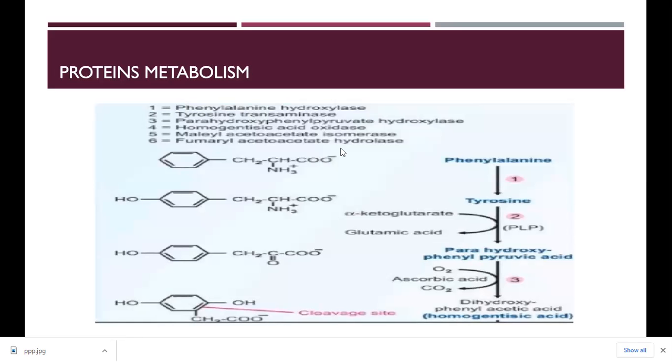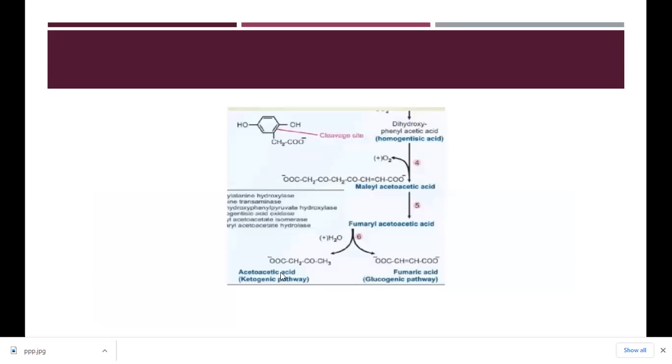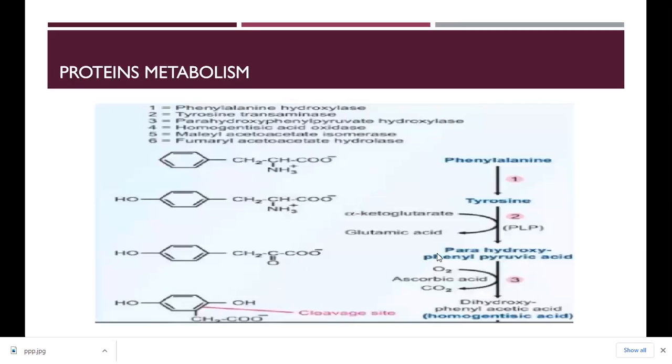Protein metabolism. First of all, phenylalanine, which is an amino acid, is converted into tyrosine by the enzyme phenylalanine hydroxylase. Then tyrosine is converted into para-hydroxyphenylpyruvic acid with the help of the enzyme tyrosine transaminase. Here alpha-ketoglutarate is converted into glutamic acid.